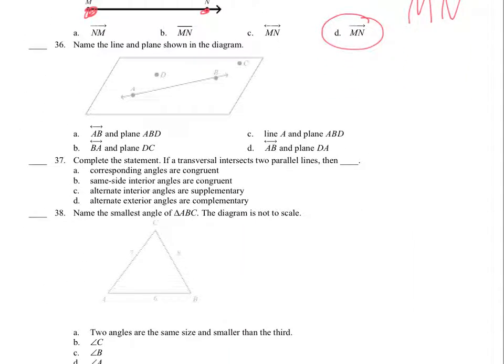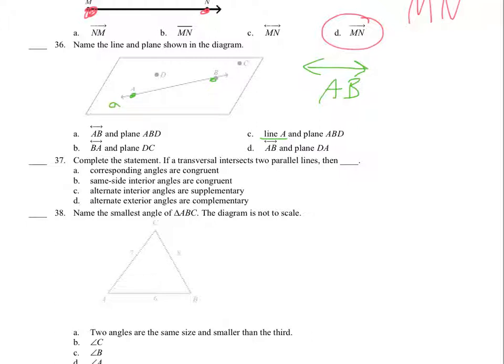Okay, 36. Name the line and the plane. Well, for the line we use 2 points that are on the line, so we would have AB, and we draw the line above it. Now, sometimes C could be confusing because we could call it line A, but remember, we only use a single letter if it's a lowercase letter written out next to it.